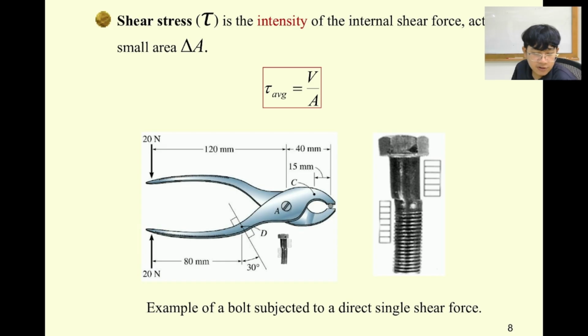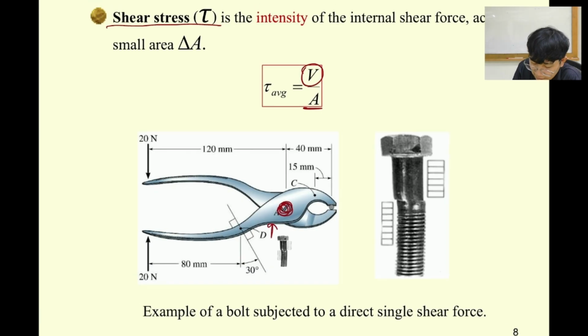Okay, for the shear stress over here, we're going to talk about the connection of the bowl over here. So for example, if you would like to determine the shear stress of the bowl, you can just use the V over here divided by A, because when you try to rotate this one, you can see that the bowl at the middle is going to experience the force over here by the grip over here, okay, by the hand grip.